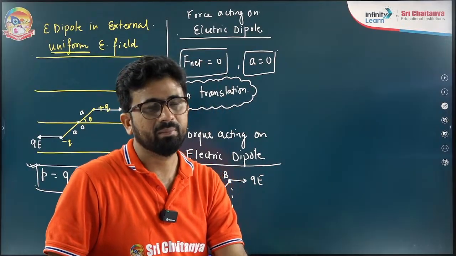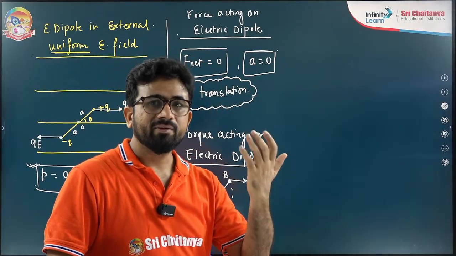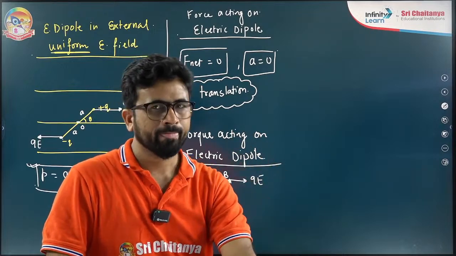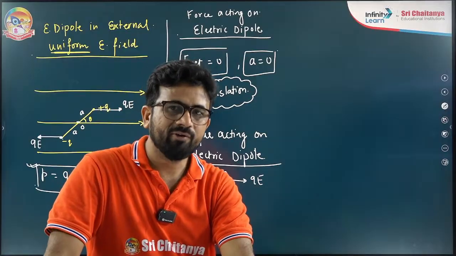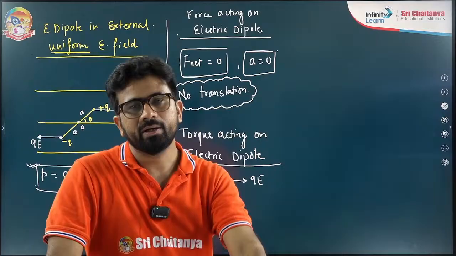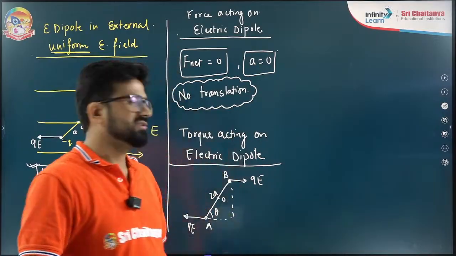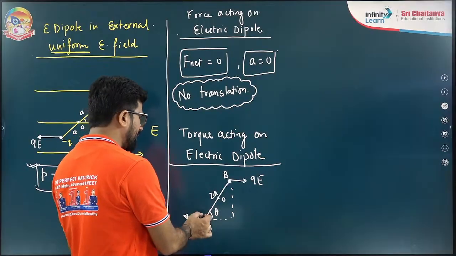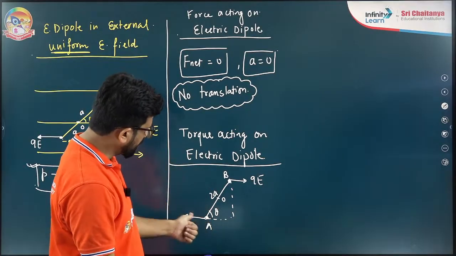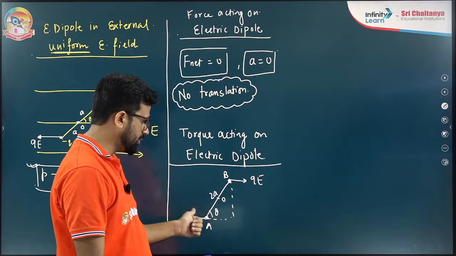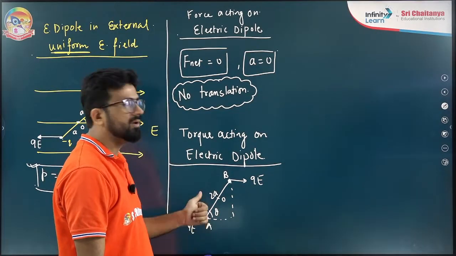Try to understand what I'm saying. Again, if the net force acting on a body is equal to 0 and their lines of action are different, then the net torque is independent of the point about which you take it. Suppose I am taking it about this point A. The torque due to this QE force would be 0 because this force is acting at A only.